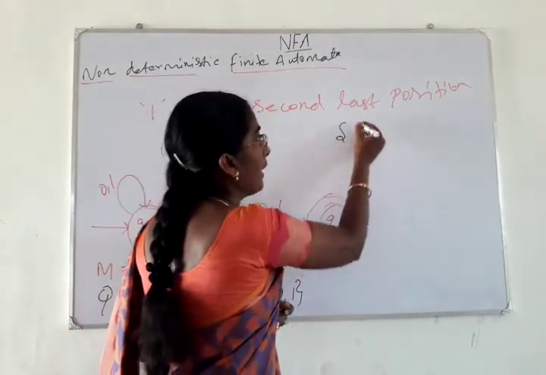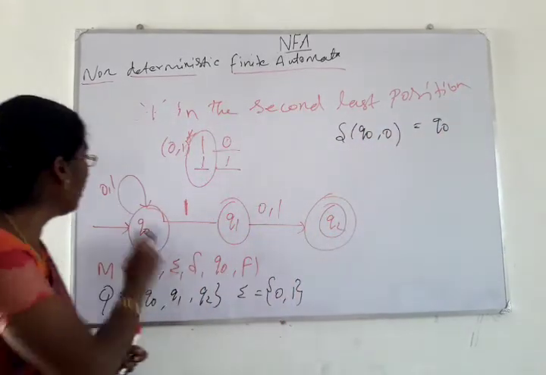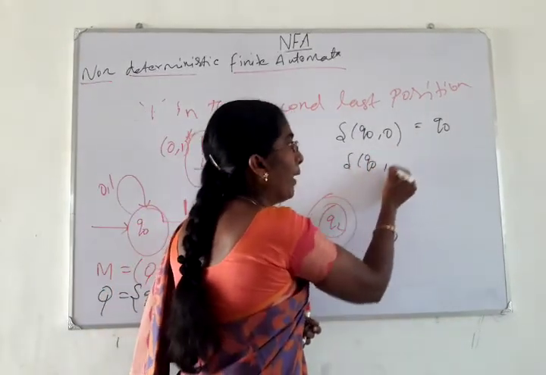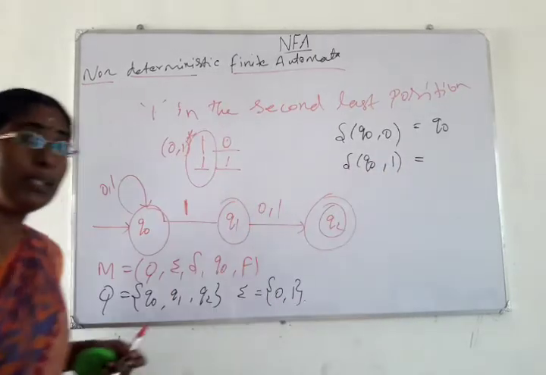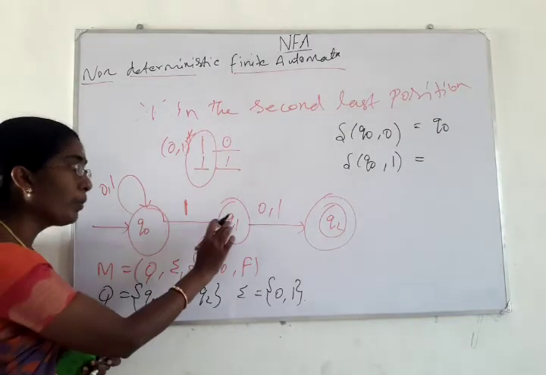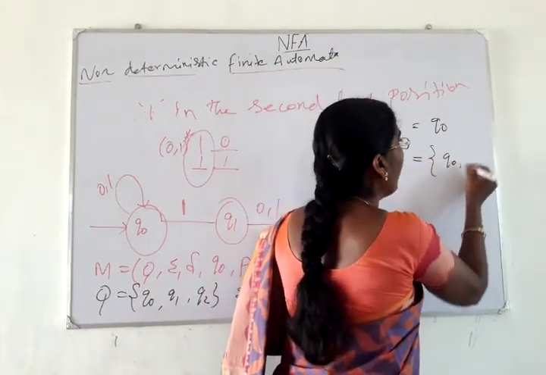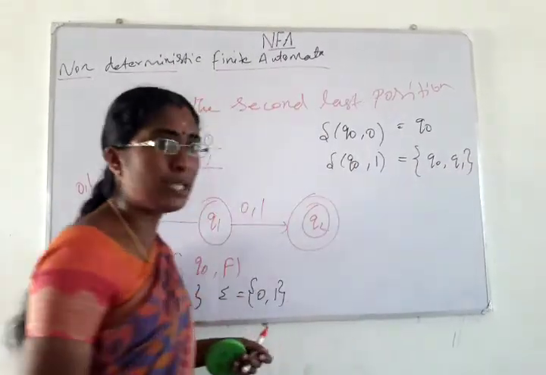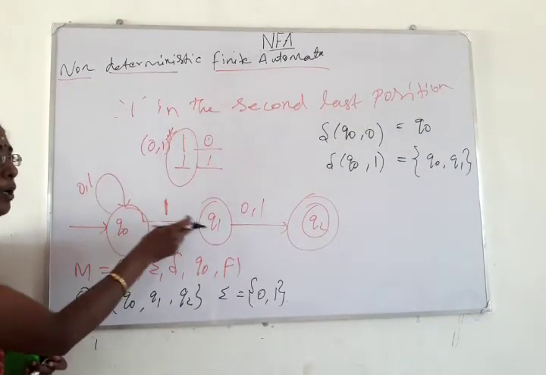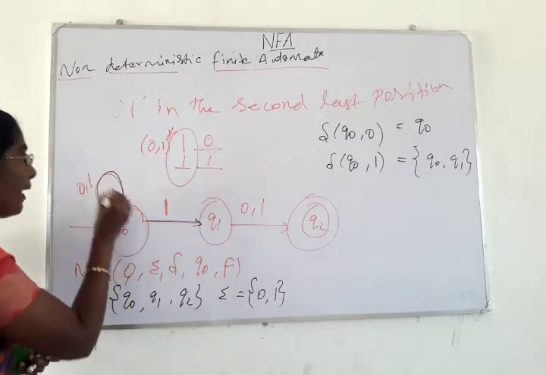Here what are the transitions we are having? The first transition is δ(Q0, 0) is equal to Q0, the self transition. The next one is δ(Q0, 1). For δ(Q0, 1), we are having the self transition to Q0 and another transition to the state Q1. So it is equal to {Q0, Q1}. We are having two transitions. The first one is the self transition and the second one is the transition from the state Q0 to Q1.